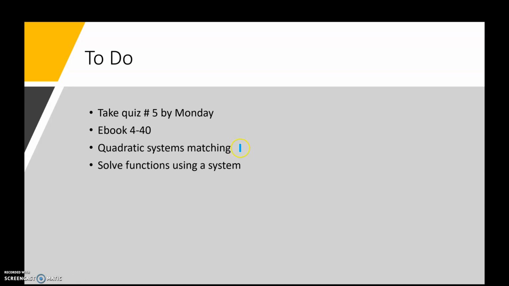This is a Google Slides scenario right here. It's giving you graphs and you just have to match them. You can just type them into the calculator, see what your graphs are, and match them up real quick. That's a fast, easy one. And then this one right here is using what we did last class. It's getting you to practice solving those hard equations by making a system to get the x values.